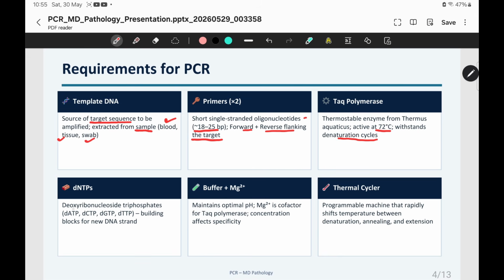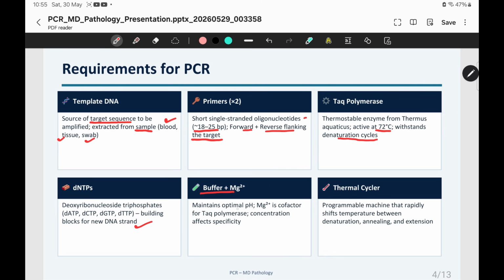dNTPs, that is deoxyribonucleoside triphosphates, that is dATP, deoxyadenosine triphosphate, dCTP, deoxycytidine triphosphate, dGTP, that is deoxyguanosine triphosphate, and dTTP, that is deoxythymidine triphosphate. These are the building blocks for new DNA strands. We also need buffer and magnesium ion.